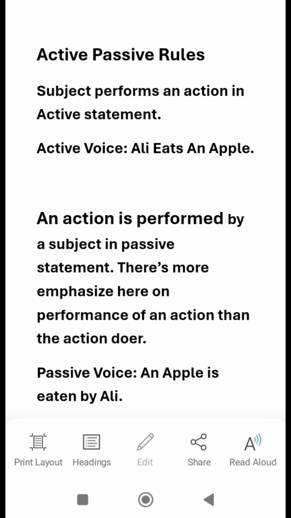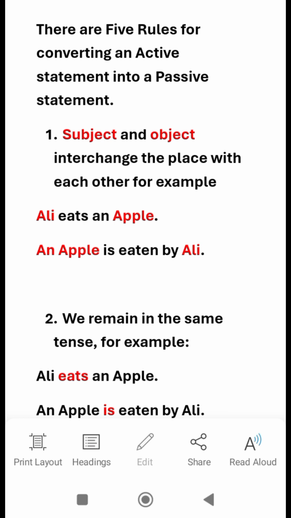And let's move forward. Now, here, there are 5 rules for converting an active statement into a passive statement. Rule number 1, subject and object interchange the place with each other.